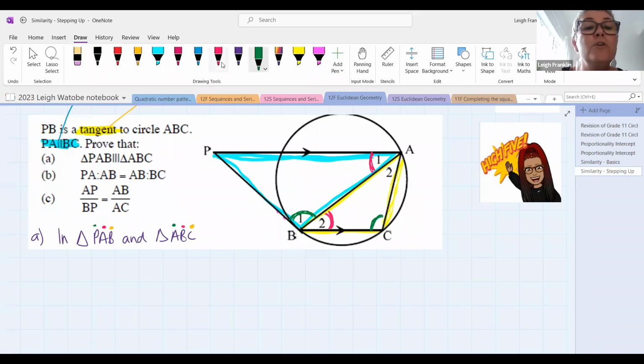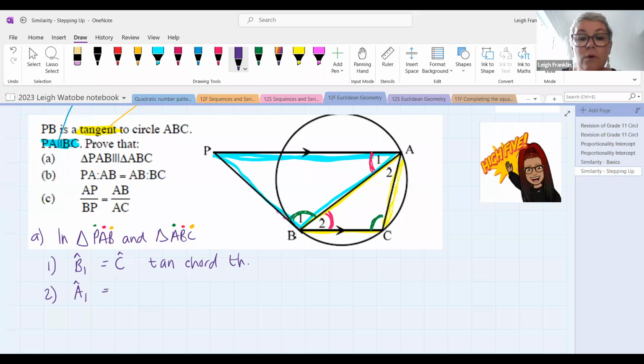Okay, so the first thing that we are going to say here is B1 equals C because of tan chord theorem. The second thing that we are going to say is that A1 equals B2 because of alternate angles.